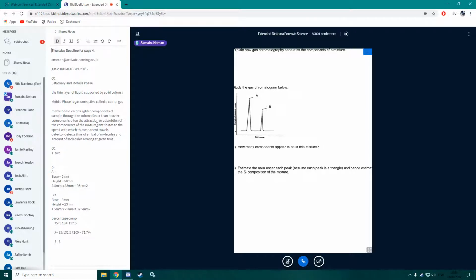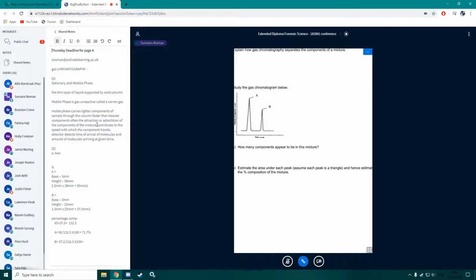So it's 37.5 divided by 132.5. Sorry about my terrible slow writing. Times 100. And that should give me the rest of it, which would be 29.3, I'm assuming. Okay, and I'll just double check that. 37.5 divided by 132.5.